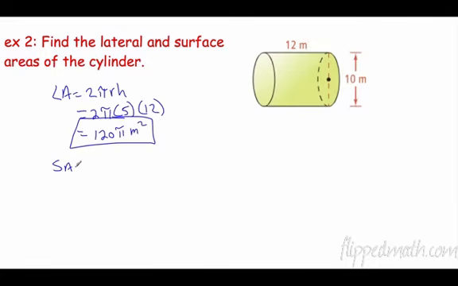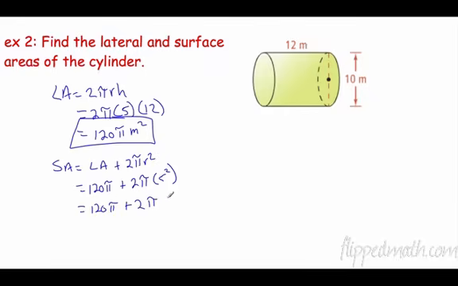Surface area. So surface area is the lateral area plus 2 times the area of the base, and it's pi r squared. So we know this is 120 pi, plus 2 pi times our radius again, which was 5, and 5 squared. So 120 pi plus 2 pi times 25.